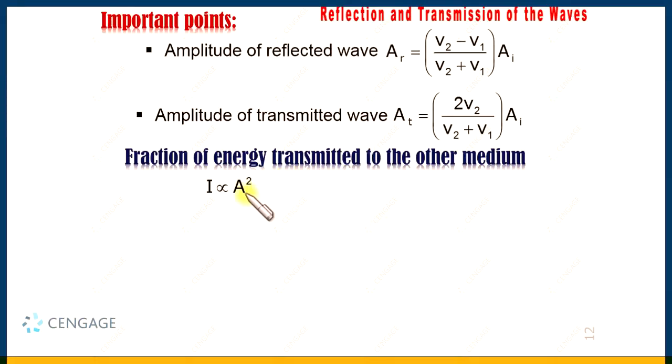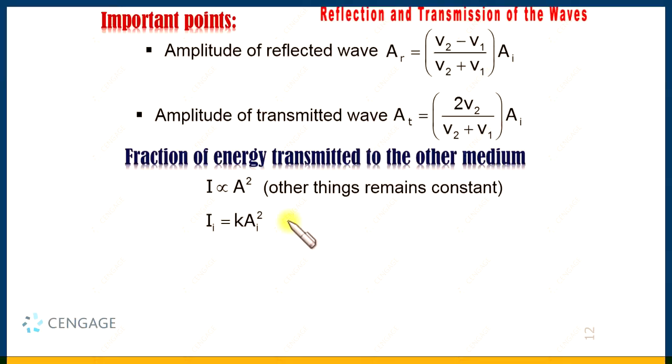Other things remain constant, like the frequency and density factor. So we can write I is proportional to the amplitude square, and we make this proportionality constant K. So II is equal to K AI square for the incident wave, and for the reflected wave, IR equal to K multiplied by AR square, right?